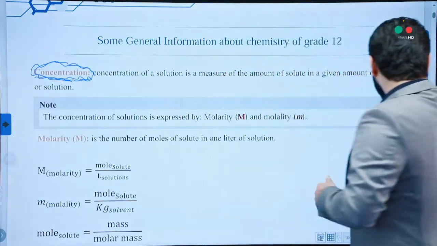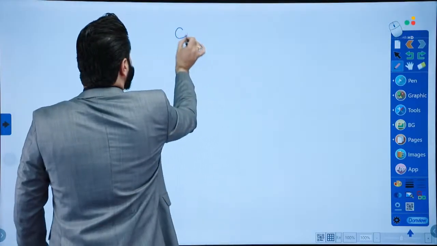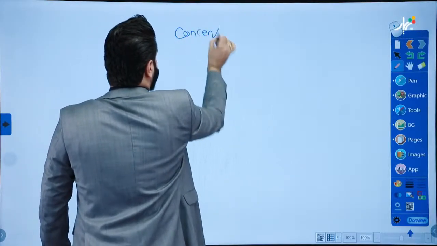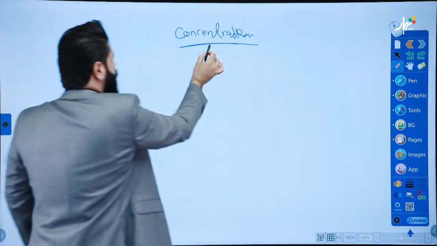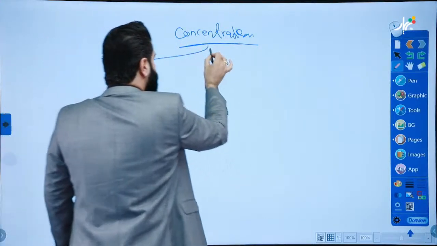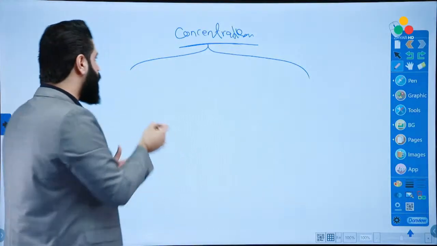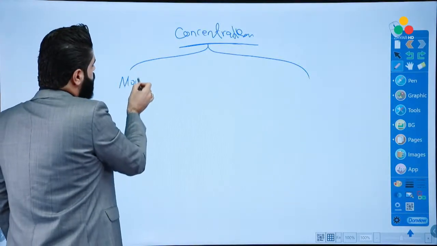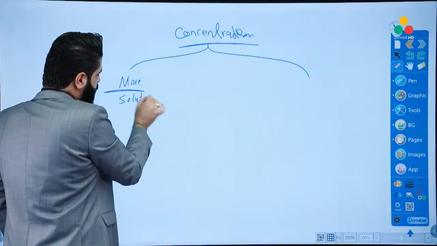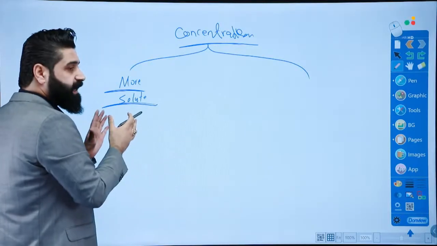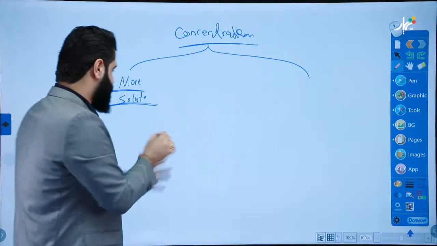Look, let me give you some general idea about the concentration. First of all, there are two types of solutions. Solutions that contain more amount of solute, we call this kind of solution concentrated, okay?